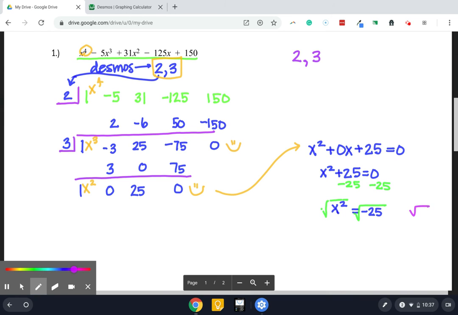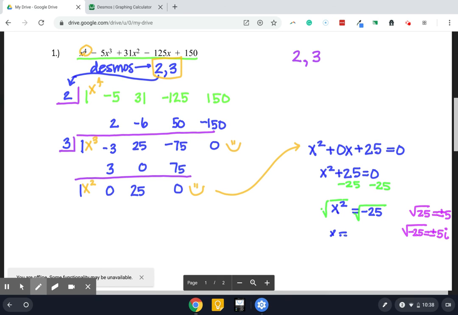The square root of positive 25 would be plus or minus 5. The square root of negative 25 is plus or minus 5 still, but with that letter i. So our final answer here, x equals plus or minus 5i.